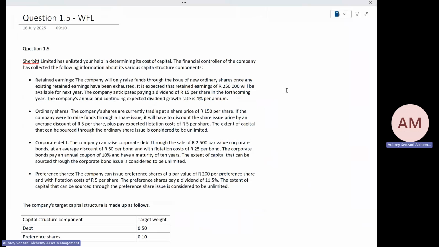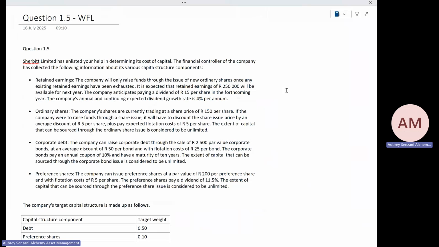Sherbet Limited has enlisted your help in determining its cost of capital. The financial controller of the company has collected the following information about its various capital structure components. Right, retained earnings. Okay, so that's the first component.